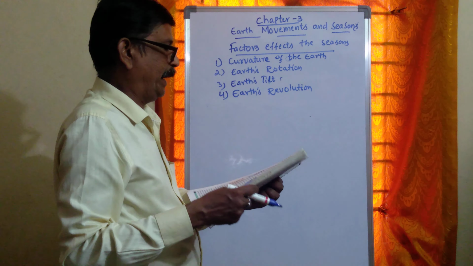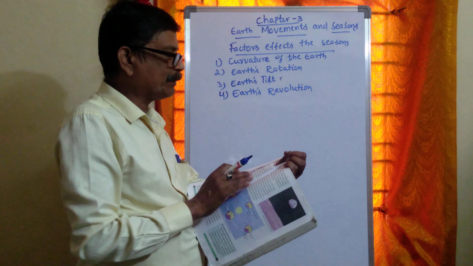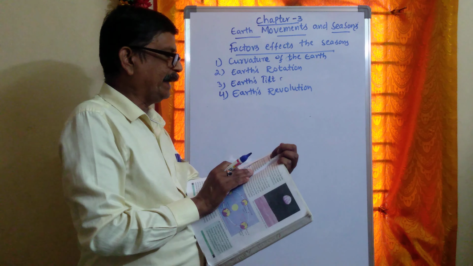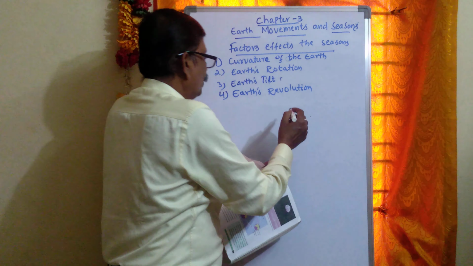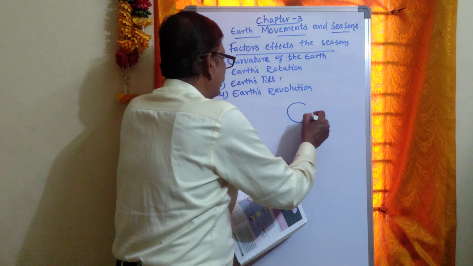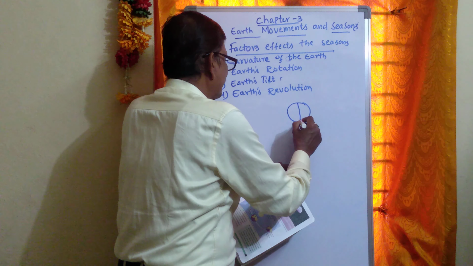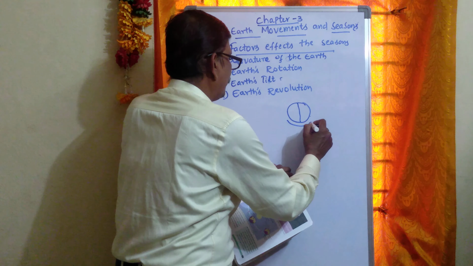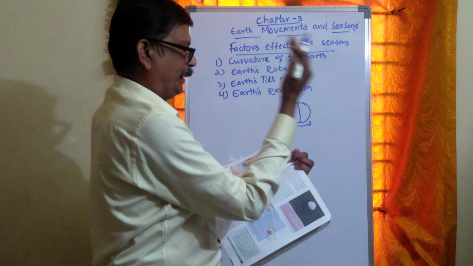revolution. The earth revolves around the sun while rotating around its axis. As I told you, this is our earth and this is the axis. On its axis it rotates from west to east.